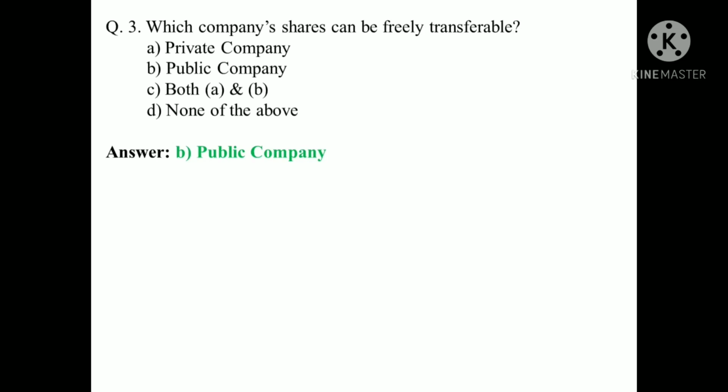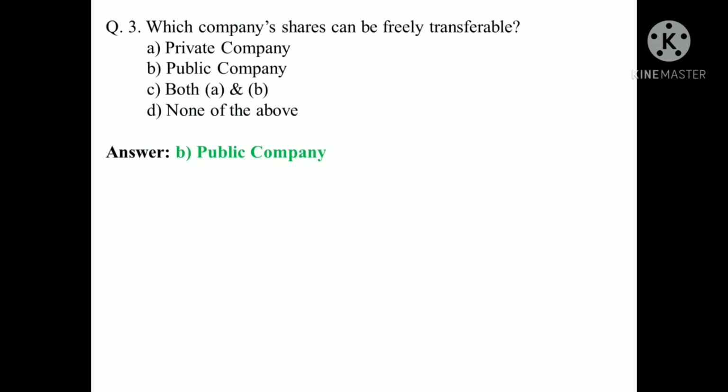But in case of private company, there are certain restrictions on the transfer of shares. The shares of a private company can be transferred among their members only. This restriction is applicable to the private company. Therefore, we can say private company shares are not freely transferable.